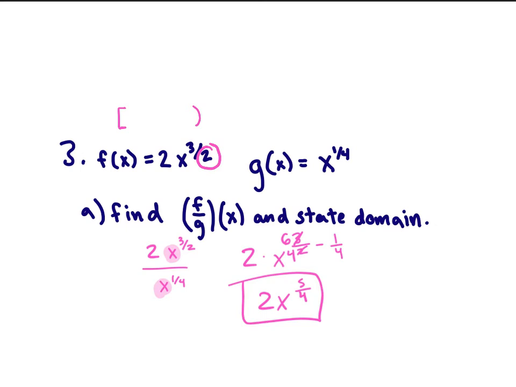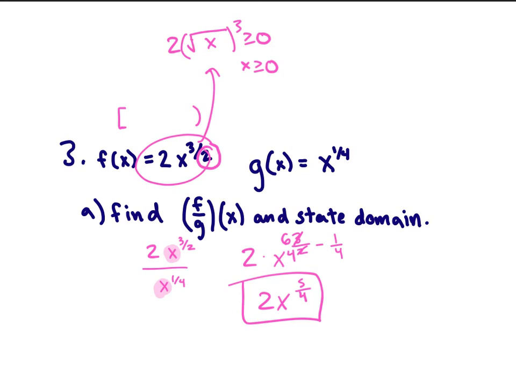Okay, so let's change this to look like a square root, since that's what we're used to seeing. So we have 2 times the square root of x cubed. So what's under our square root? Just x. Usually we would say x is greater than or equal to 0. So x can be greater than or equal to 0. So how would we write our domain?